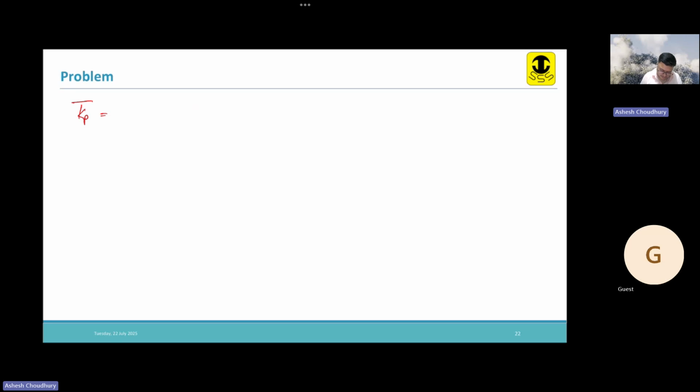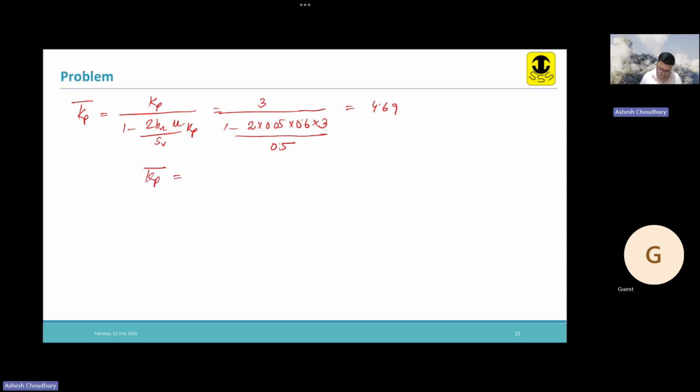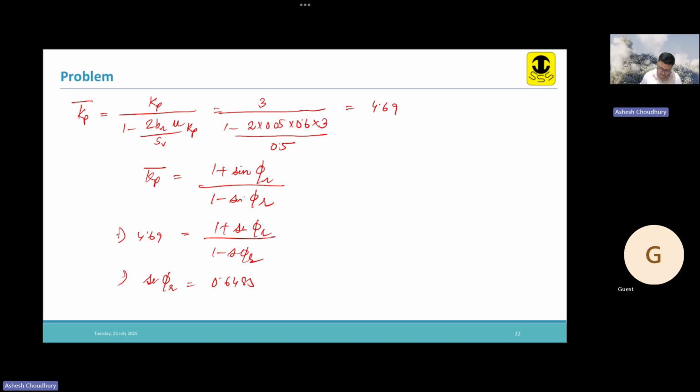We find Kp bar. Here you put 4.69. So sine phi r is 0.6485, and phi r is 40.43 degrees.